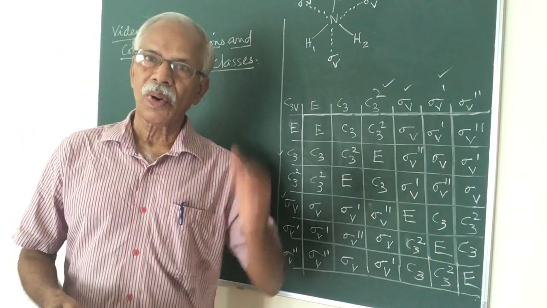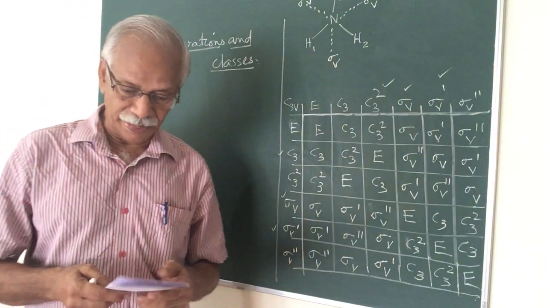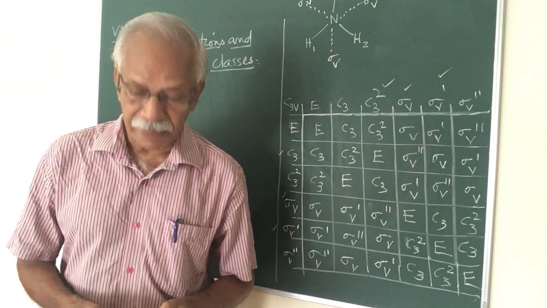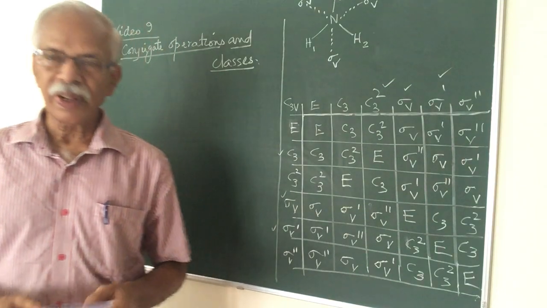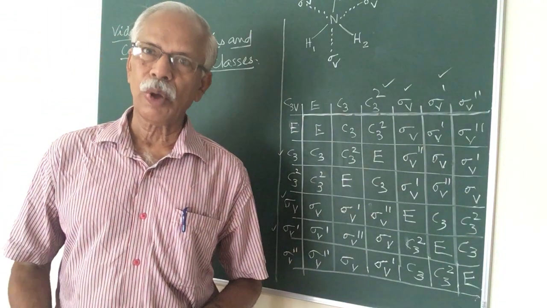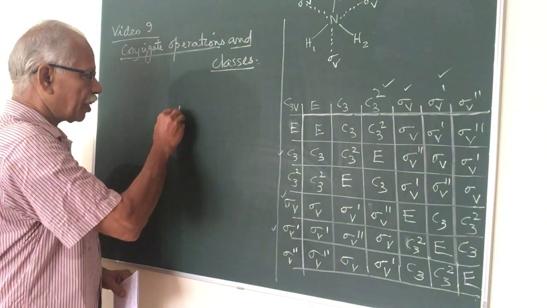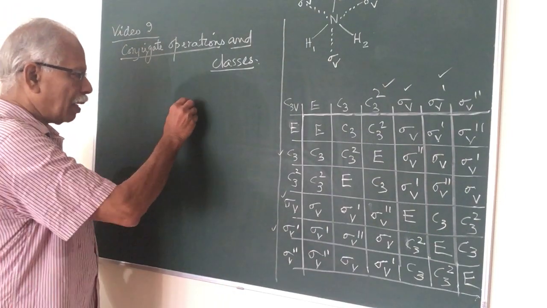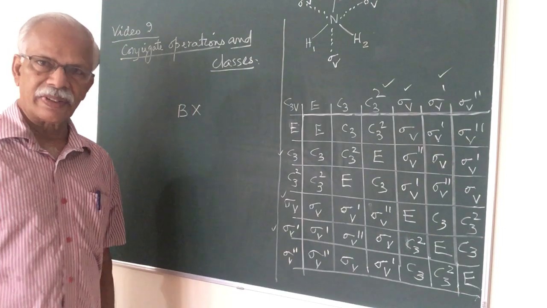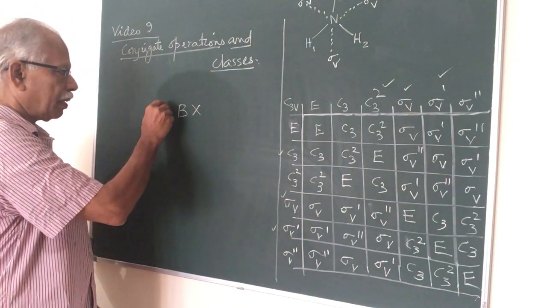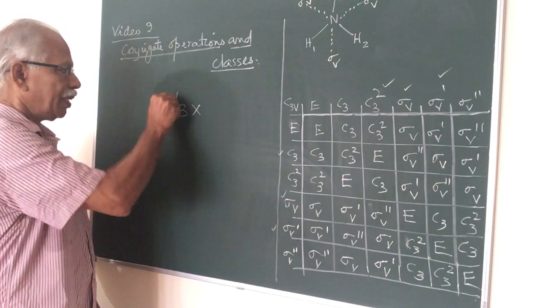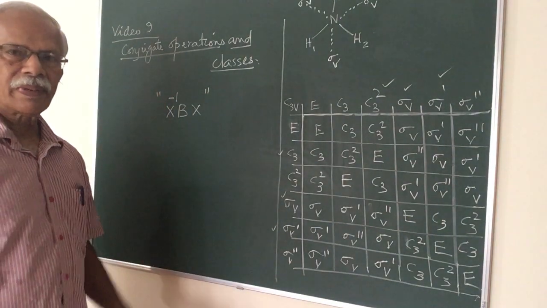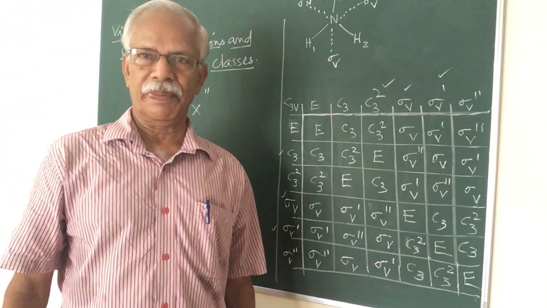To find the conjugate of an operation, you have to carry out a procedure known as similarity transformation. Suppose you want to find out the conjugate of an operation, say B. You right multiply it with an operation X and left multiply it by an operation X inverse. This procedure is known as similarity transformation.